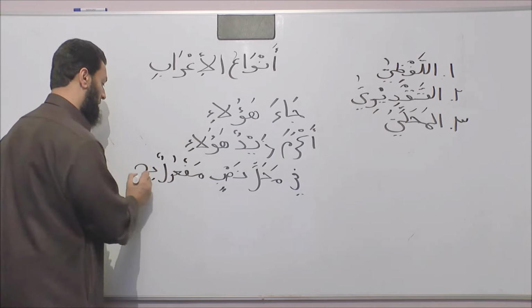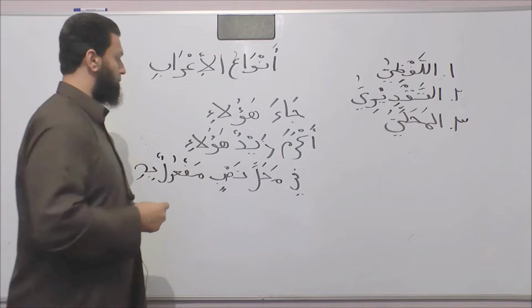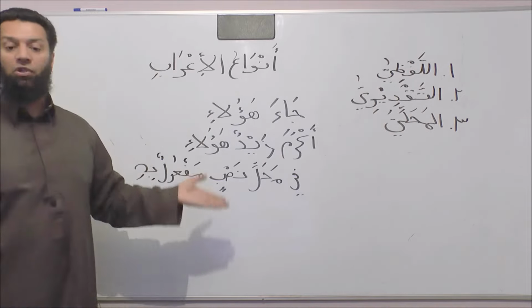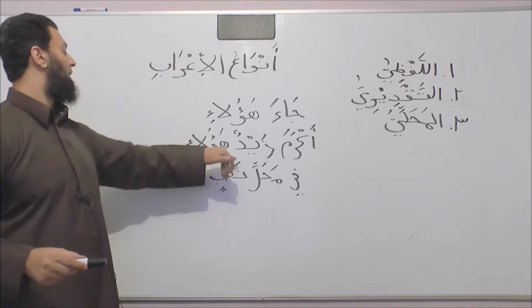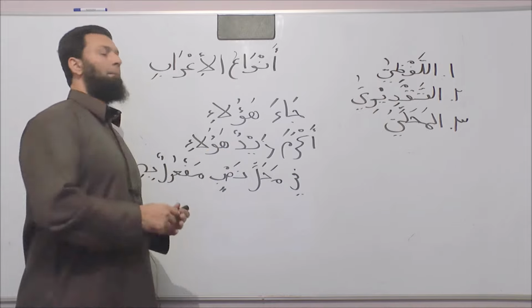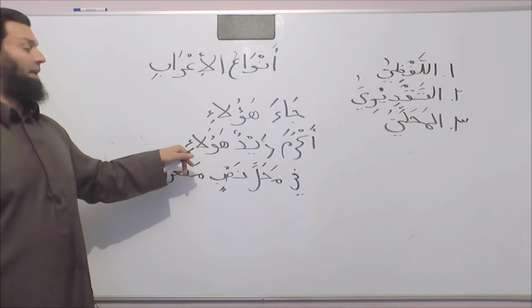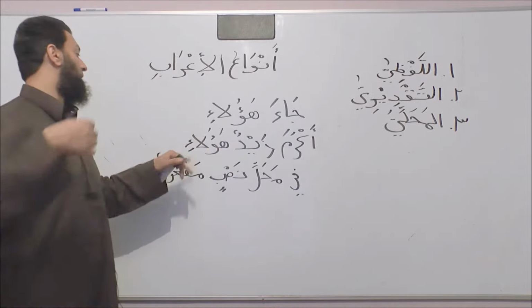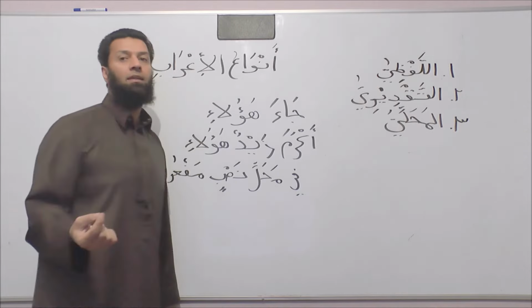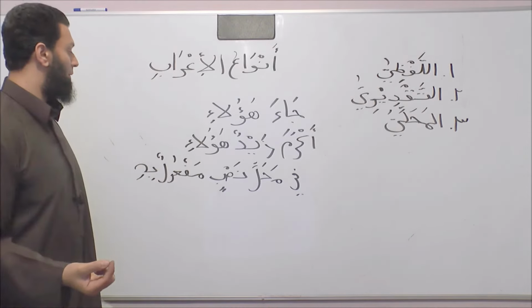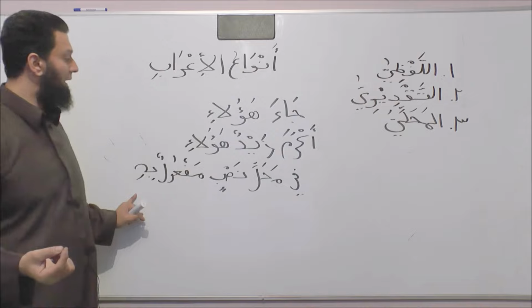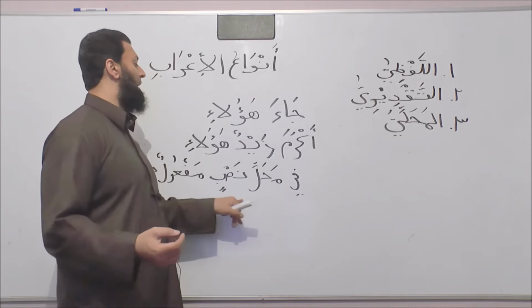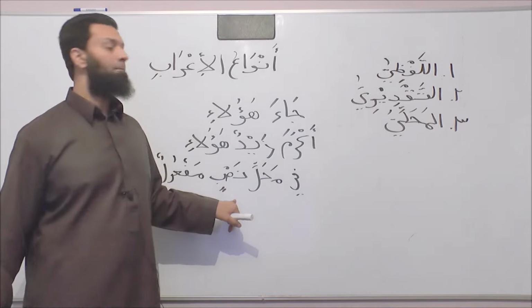That's how we resolve the issue of ha'ula'i being fixed upon a kasra, but having to be recognized as being mansubun for the purpose of being maf'ulun bihi. We say fi mahalli nasbin.